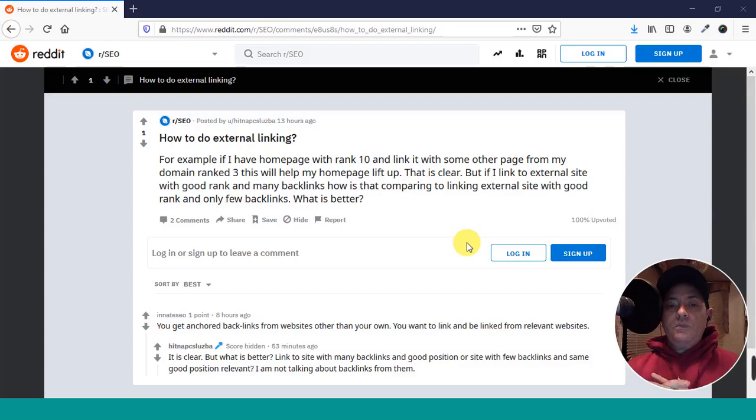Okay. So internal linking does that, but when it comes to external linking, a lot of SEOs have believed for a long time that one of the signs of quality, or one of the things that can help a page rank higher, is to link to an authoritative page on that subject.